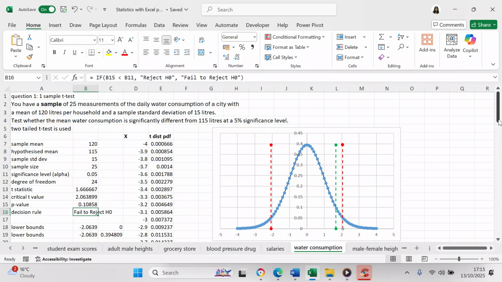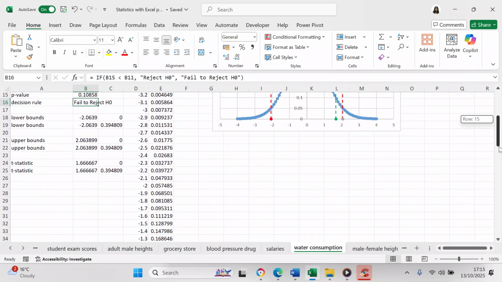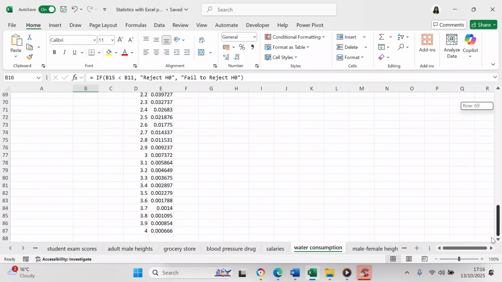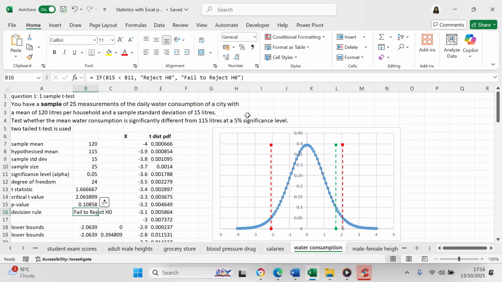And then what we have done is we've created a normal distribution, even though it says t-distribution, it's a normal distribution, from -4 to +4. And then we create that with T.DIST. And so we do get a t-distribution this time.